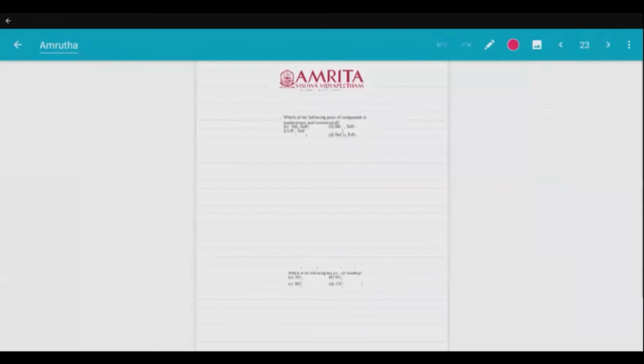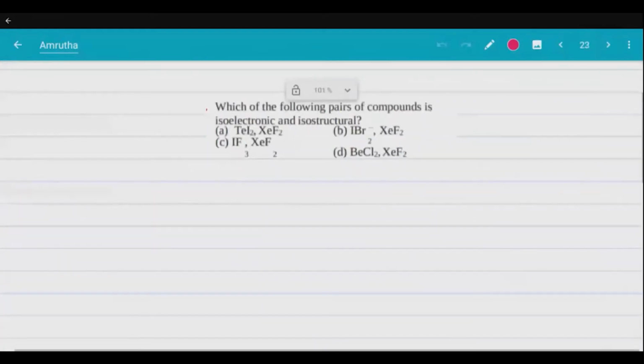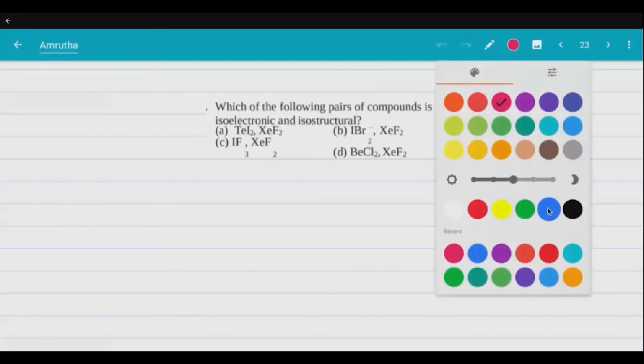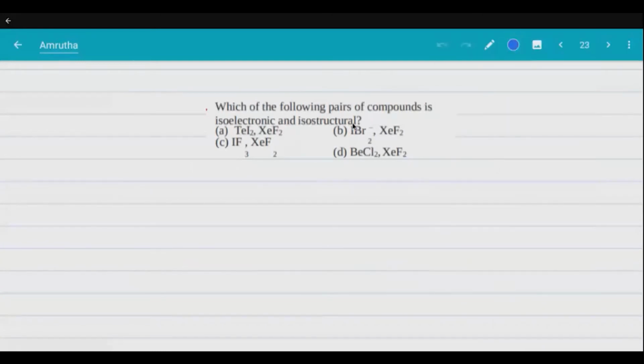Next question. Which of the following pair of compounds is isoelectronic and isostructural? Isoelectronic means what? Same number of electrons. You can do it later because we'll provide notes also, because it's a very similar question.